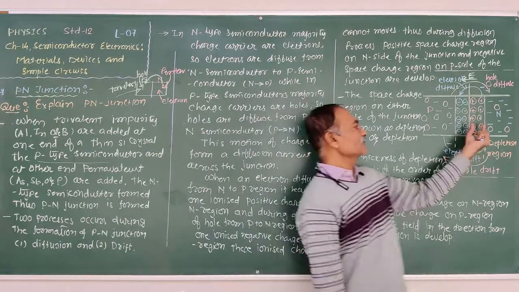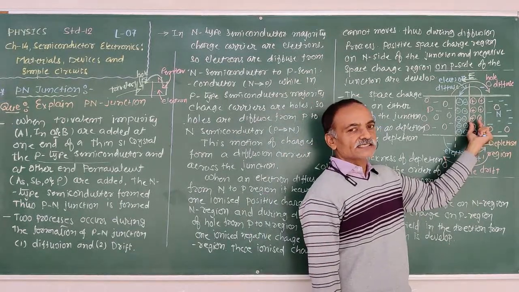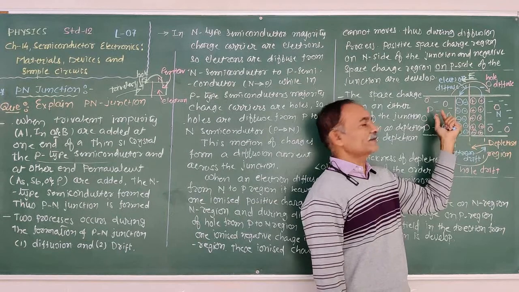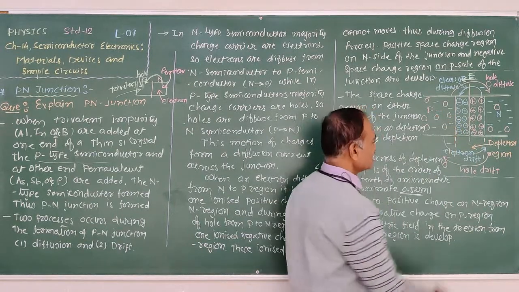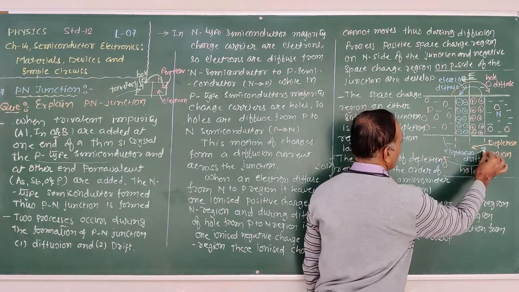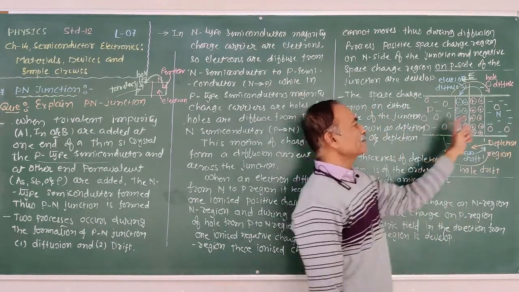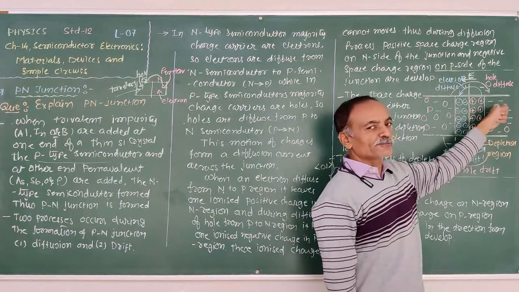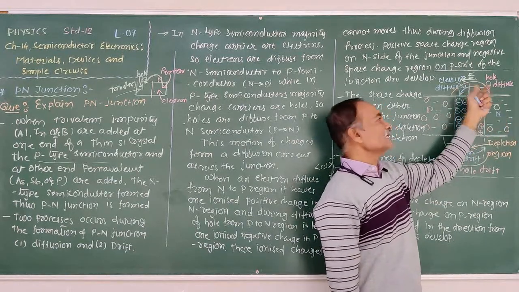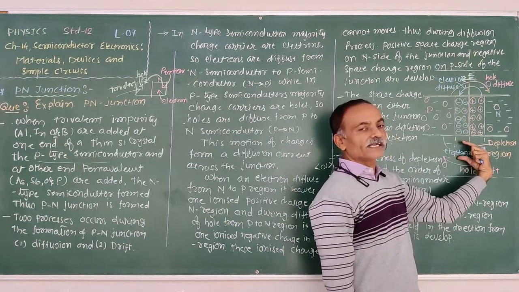Here, the positive charge attracts the electrons from the p region. So, as a result, the electrons now drift from p to n. During the diffusion process, electrons are diffused from n to p. There is the diffusion process, and there is the drift process.